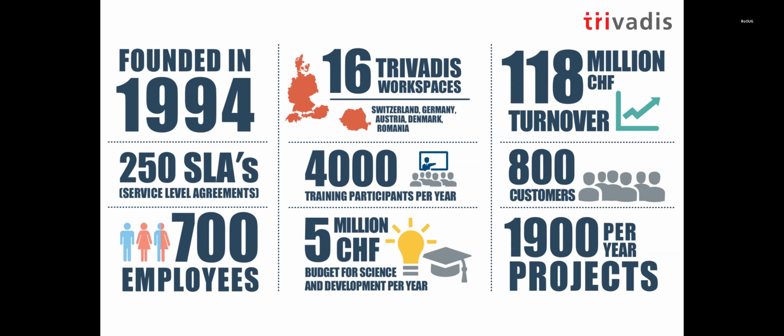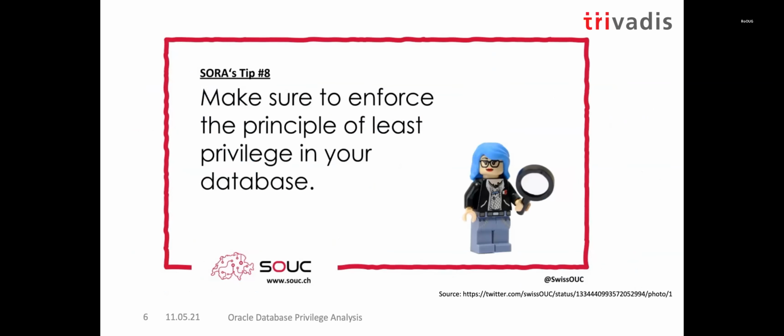Now there's the technical part. This is a tweet of the Swiss Oracle user community: make sure to enforce the principle of least privilege in your database. That's really important, but it has not been important all the time.